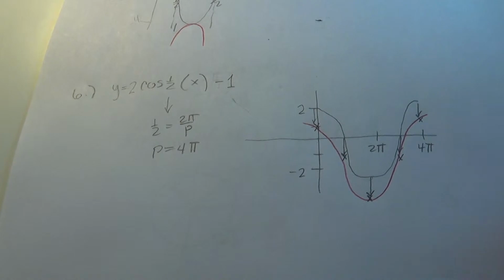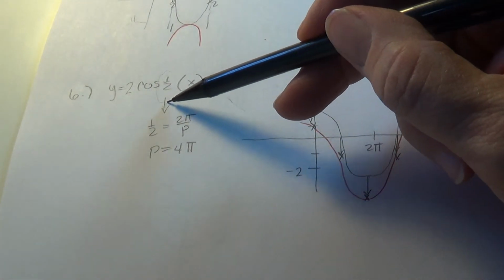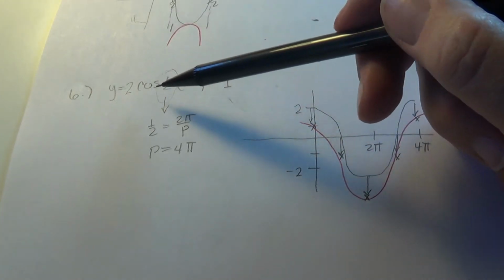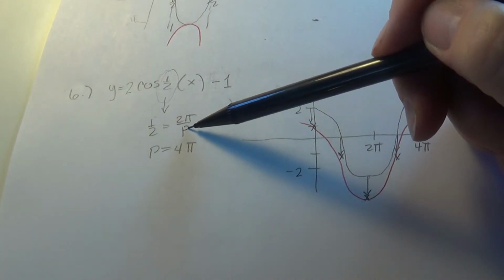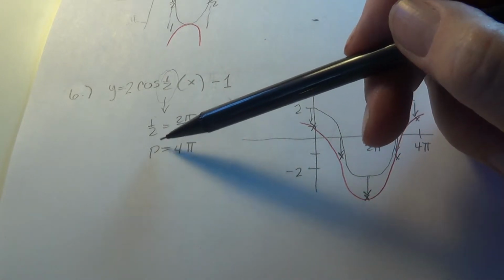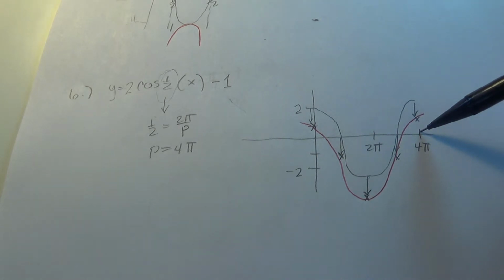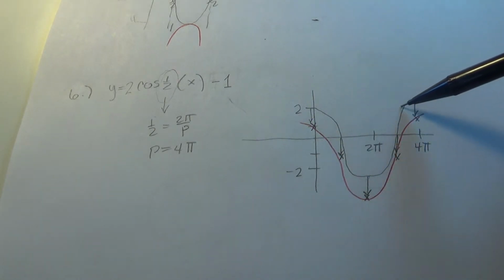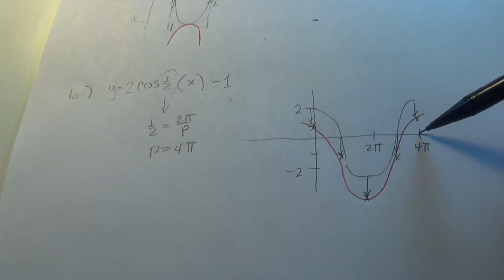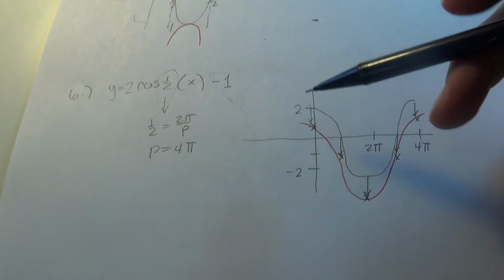Just a regular cosine curve, which had another b change, which has to do with period. 1/2 equals 2 pi divided by the period. And solving that, I get p equals 4 pi. That's where the 4 pi came in. This penciled one is my regular cosine with a period of 4 pi and an amplitude of 2, up 2, down 2.